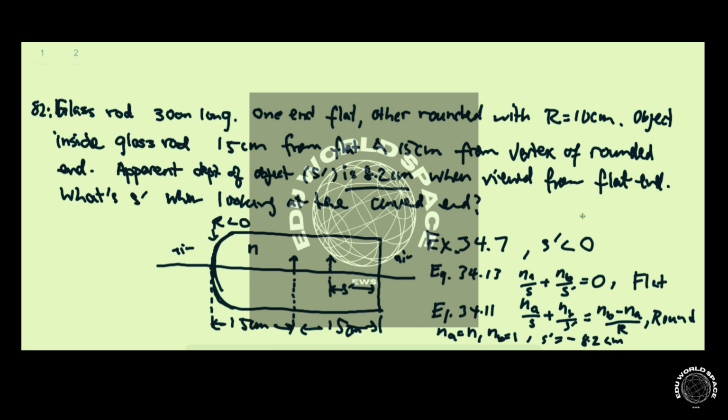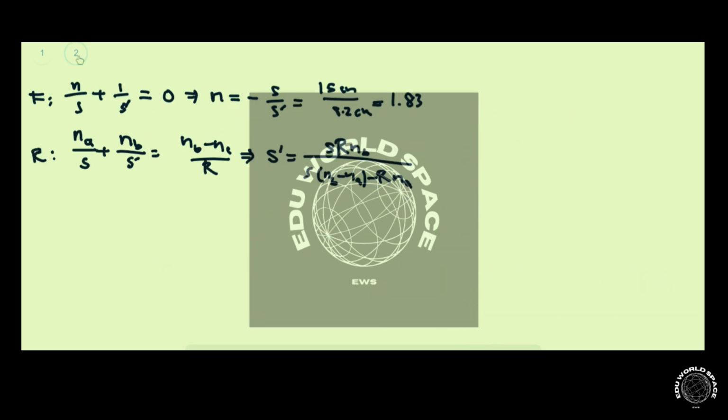And as mentioned before, S primed again had better be negative for this particular case, because we know that the apparent depth should be somewhere inside this glass, again like the pool example. So R is less than 0, or negative.